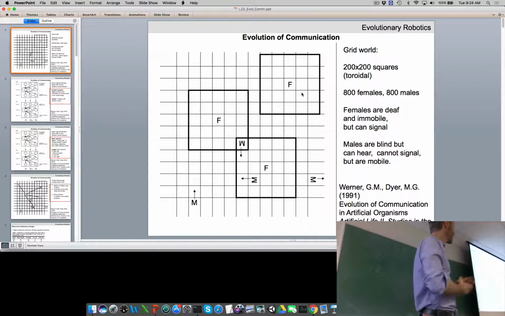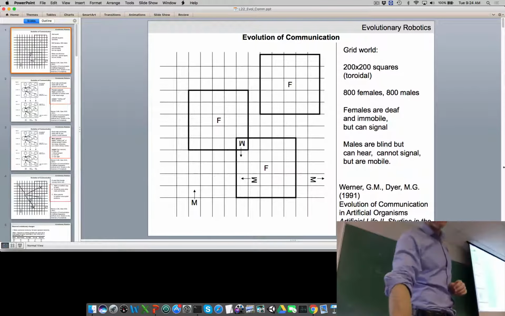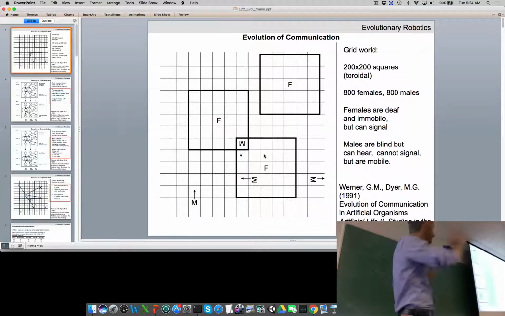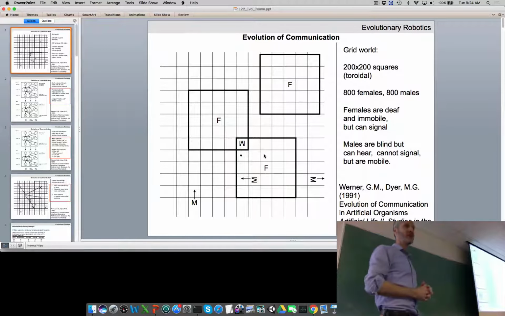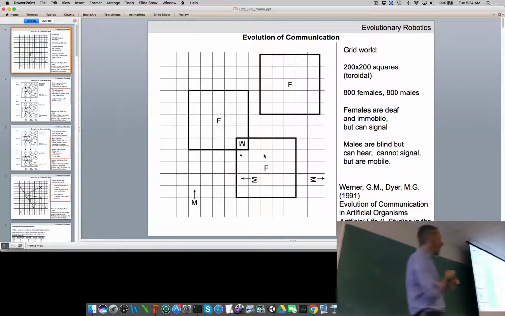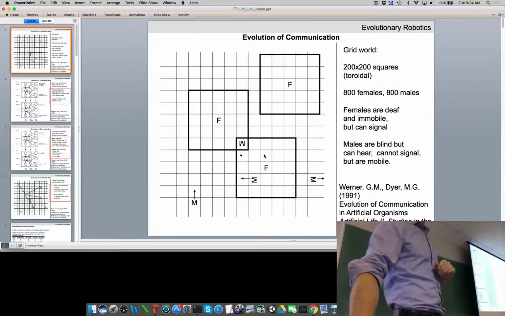So the females, as you'll see in a moment, can emit signals into their environment, but it can only be heard by males that are within the signaling radius of a female. Males are blind. They can't see the females, but they can hear signals. They cannot signal themselves, and they are mobile. Okay. So far, so good?